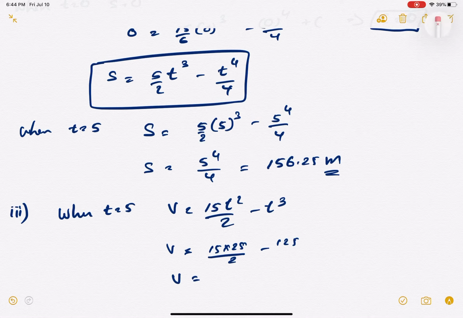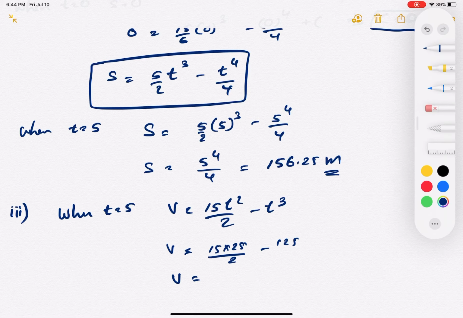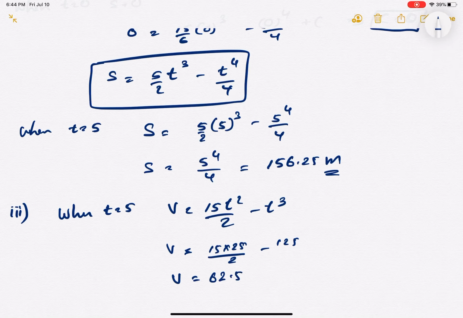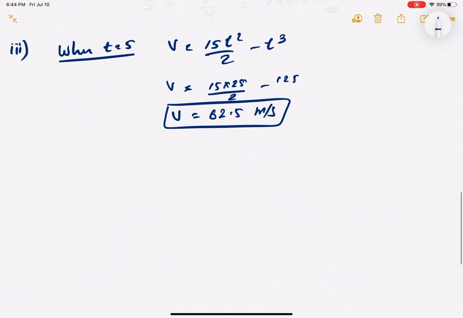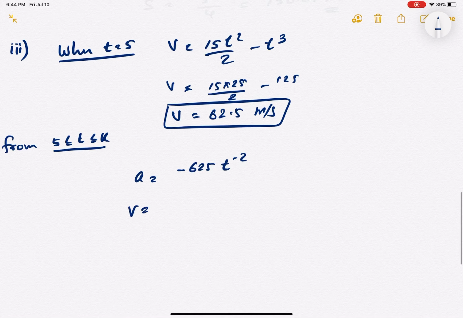So this would be 62.5 meters per second. This is the velocity at t equals 5. Now we know that for 5 less than or equal to t less than or equal to k, acceleration is minus 625 t to the power of minus 2.